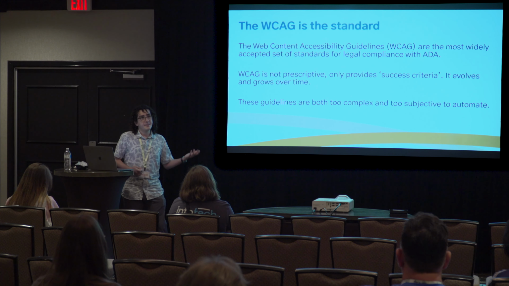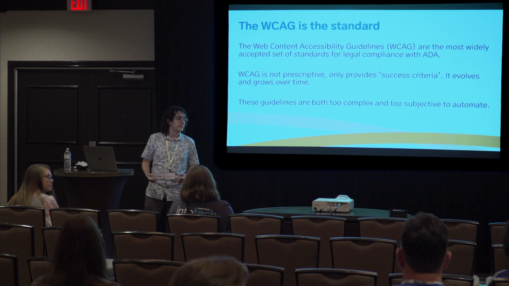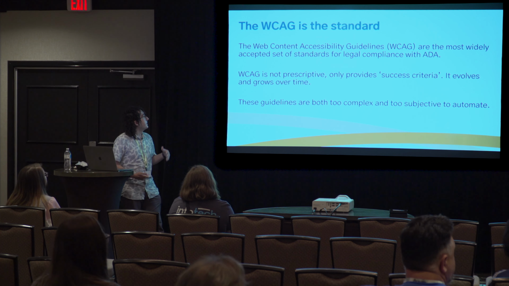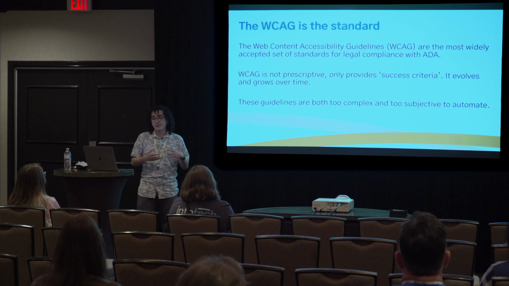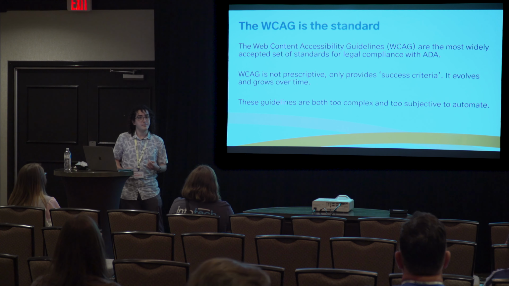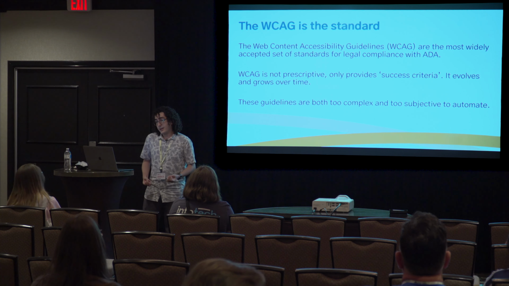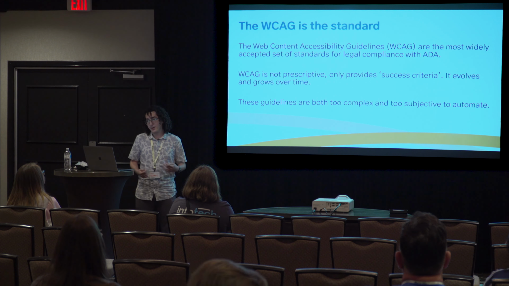So we're all aware of this. And we have this standard that is not necessarily officially the standard, but it's the one that everybody sort of relies on. These are the Web Content Accessibility Guidelines, right? They sort of lay out how to be compliant and how to make your products accessible. But that being said, it's not the most simple document to parse.